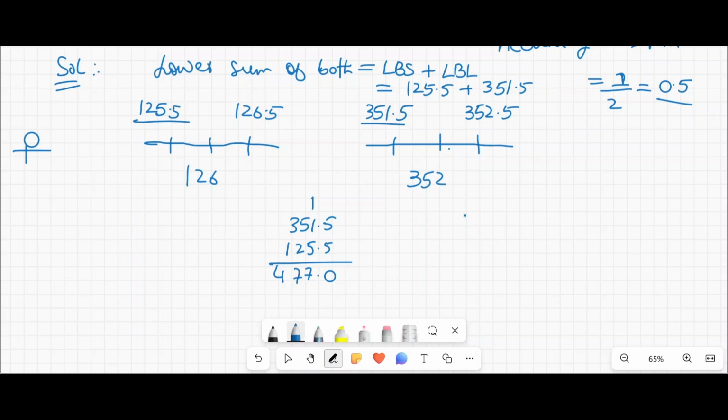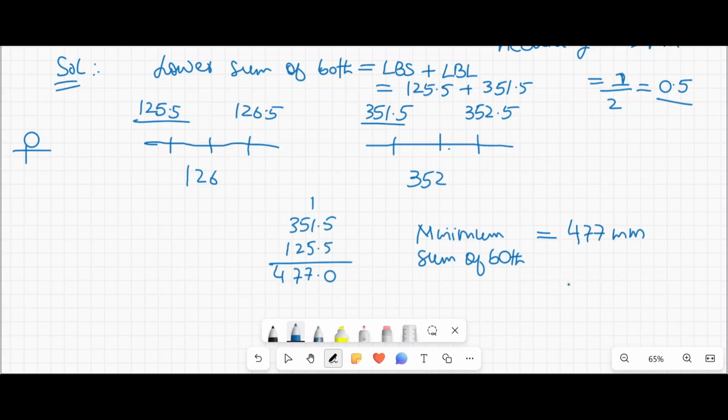This is converted into millimeter, but we want to convert it into centimeter. So the minimum sum of the pieces is 477.0 millimeter.